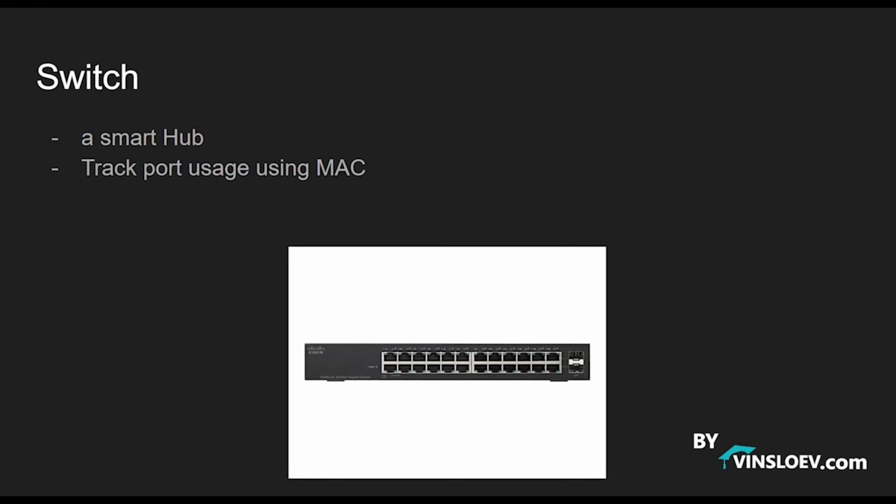So the switch will start to record what kind of MAC address is being used from the different ports on the device, and then it will keep track of what port a specific MAC address is connected to, because then it knows that if some information comes from this MAC address to this MAC address, then it needs to go to these two ports. But this will happen over time, so at the beginning of using a switch, when you connect your devices, it is simply acting like a hub until it starts to figure out which MAC addresses belong to which ports.